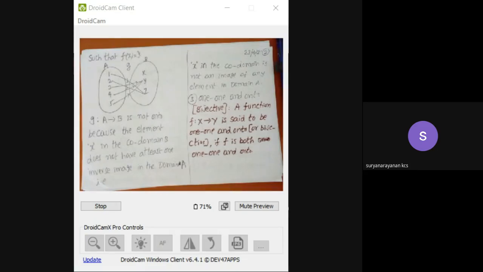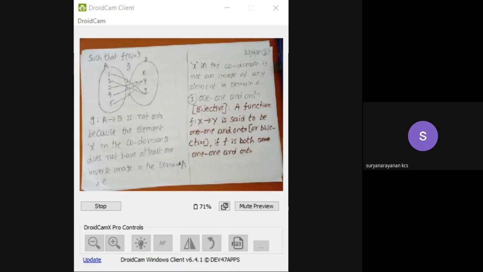Okay, my dear children. Sometimes they will give a function and ask you to check whether the given function is bijective or not. In that case, we have to check whether the given function satisfies the conditions of one-one function and onto function.